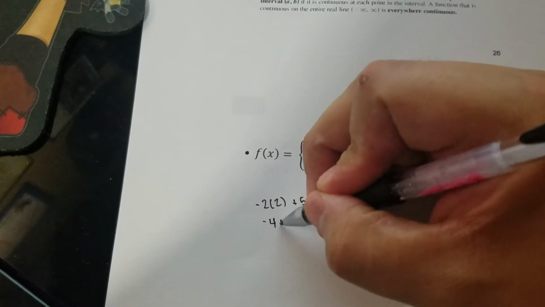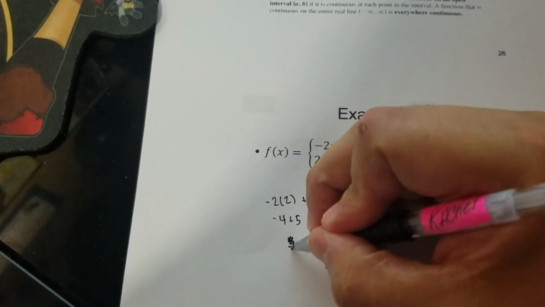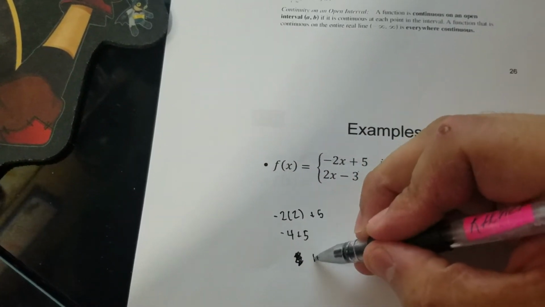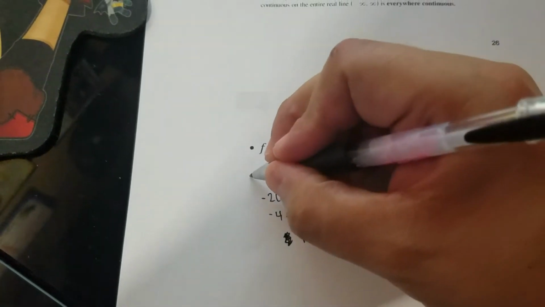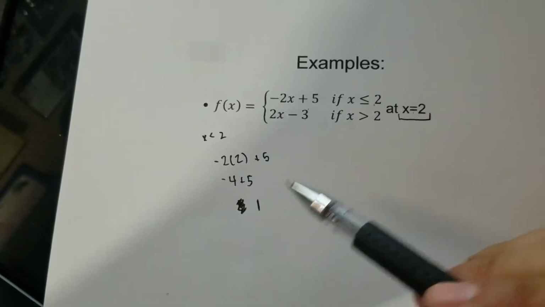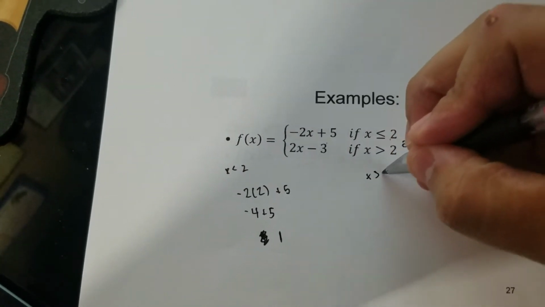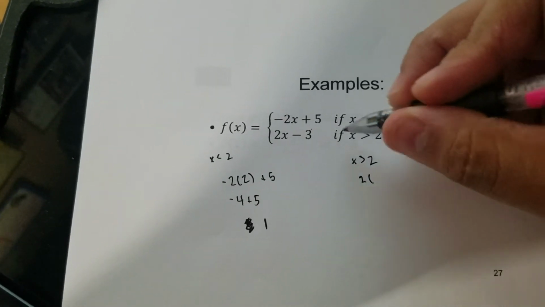So negative 4 plus 5, which is equal to, oops, I can't math right now. Negative 4 plus 5 is equal to 1. So when my x is less than 2, this is my y value. When it is greater than 2, I'm going to do this again, but now with the greater than 2 equation, this one right here.